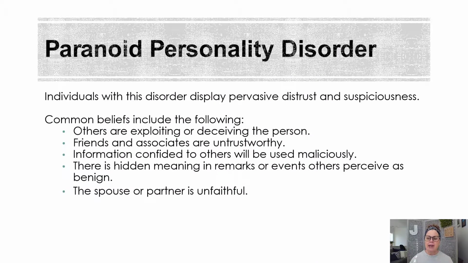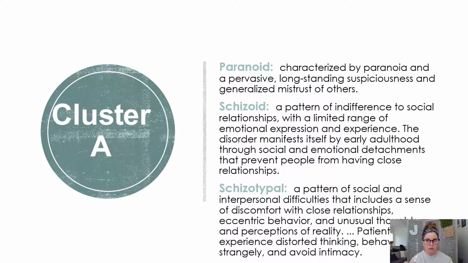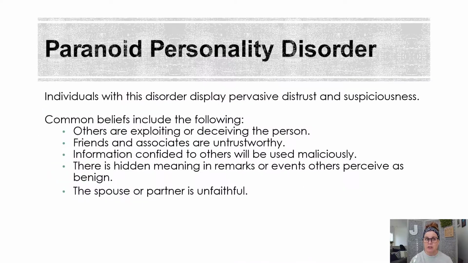So let's add one or two more things to the description here of the paranoid personality disorder. I mentioned that they often display pervasive distrust and suspiciousness. And some of those things that are present in their mind are some of these bullet points that you see here. It's that distrust and suspiciousness. They believe that somebody is out to get them.